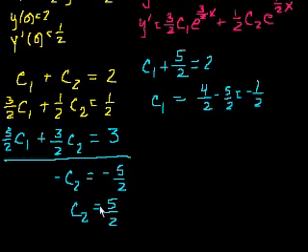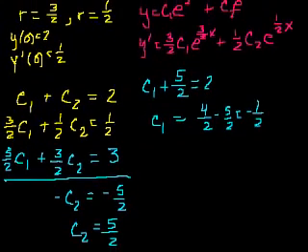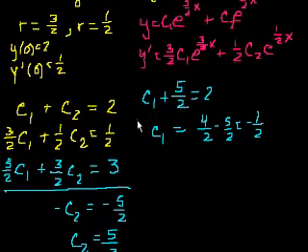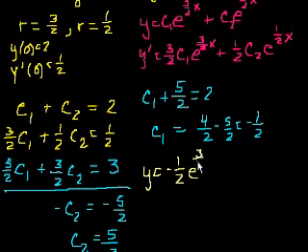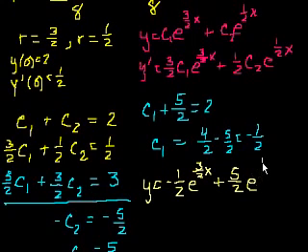And now we can just substitute c1 and c2 back into our general solution, and we have found the particular solution of this differential equation, which is y is equal to minus 1/2 e to the 3/2 x plus 5/2 e to the 1/2 x. And we are done.